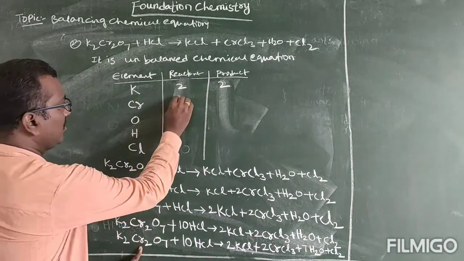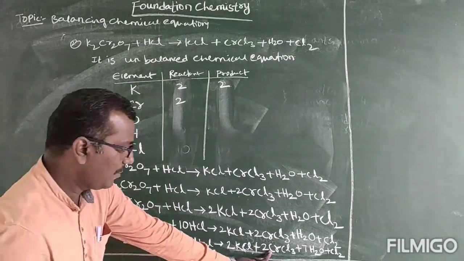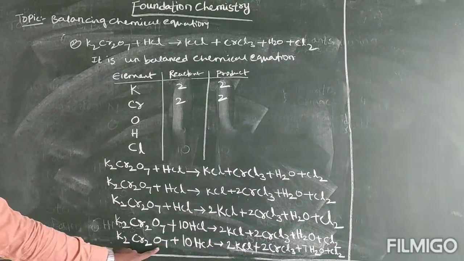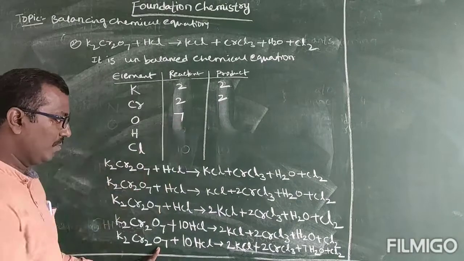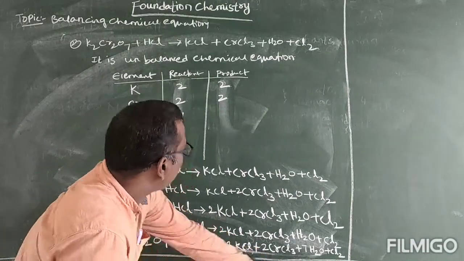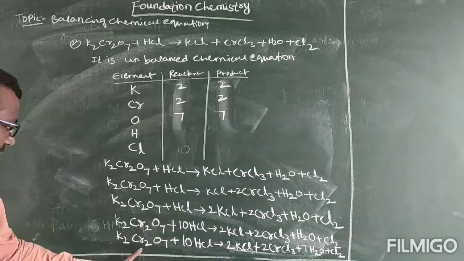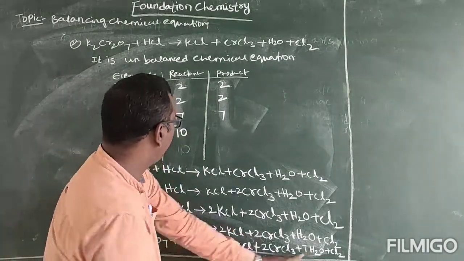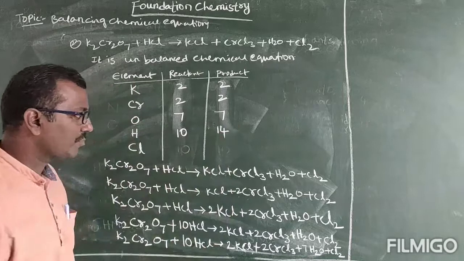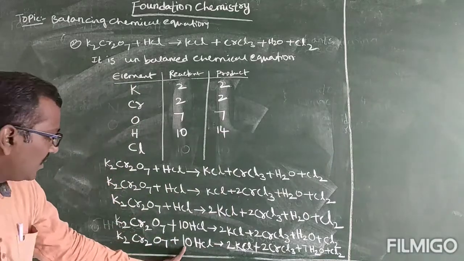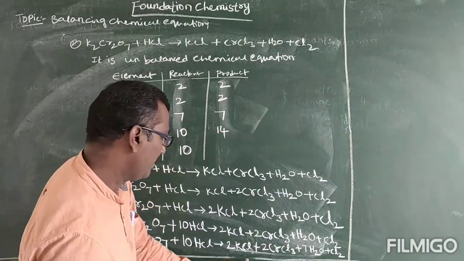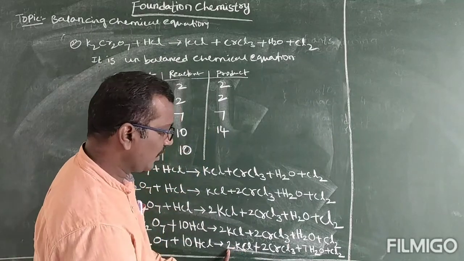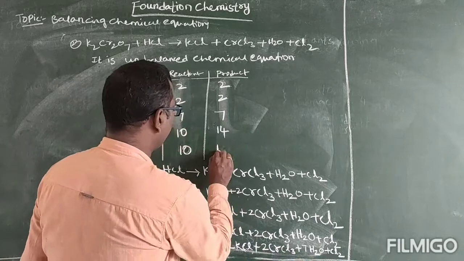Chromiums here, reactant side 2 and product side also 2. Oxygens 7 and here 7. Hydrogens 10 and here 14. And chlorines 10 and here 2, 3 2s are 6 plus 2 8, 8 plus 2 10.